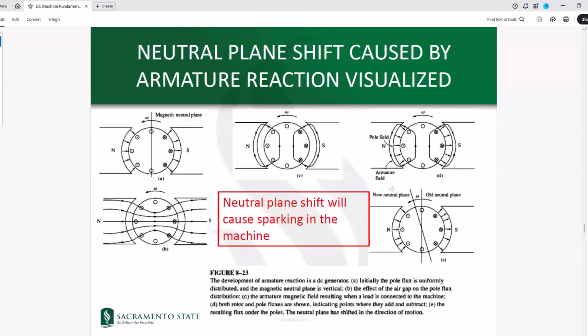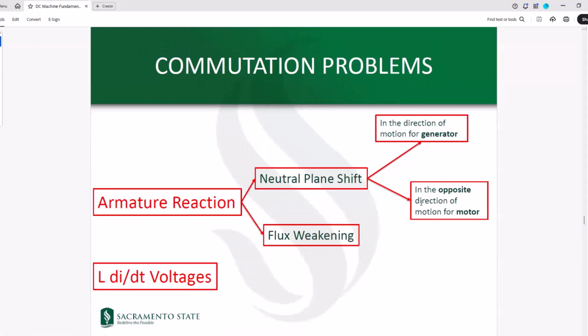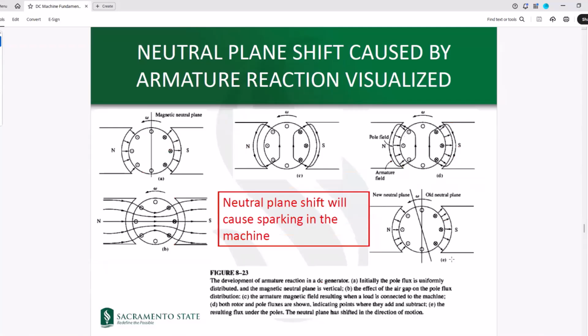Is it a generator or a motor? In the motor, we're expecting the direction of neutral plane shift to be opposite the direction of motion of the motor. Can you tell me, in this case, are we a motor or generator? It would be a generator, right? Correct, because that's in the direction of motion of the machine.